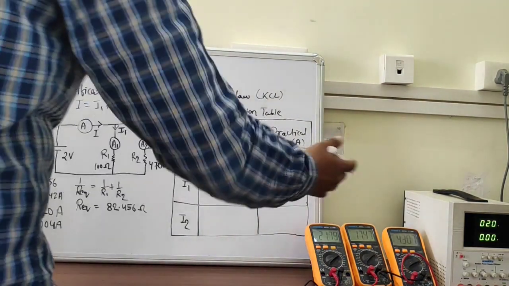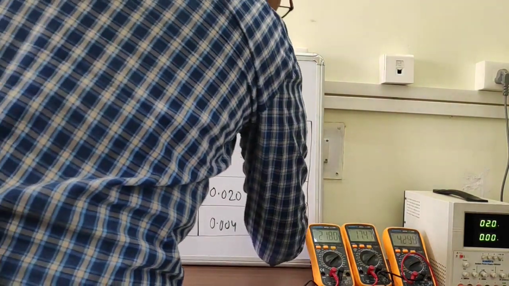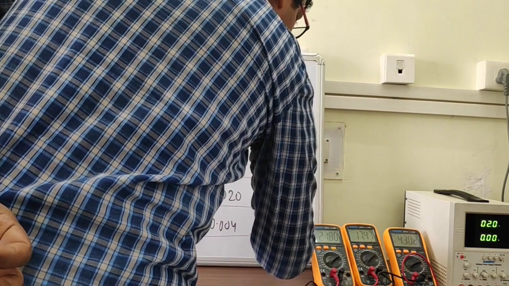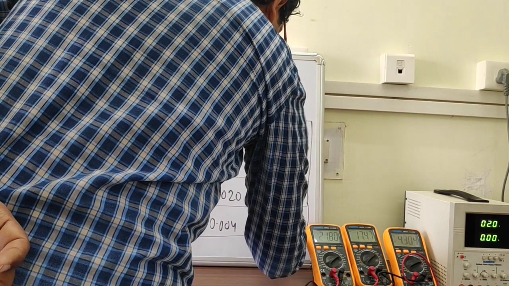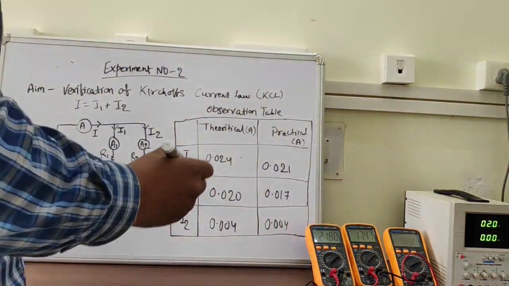And the last one, I2, is 4.3 milliampere, which is around 0.004 ampere. So these are the readings.